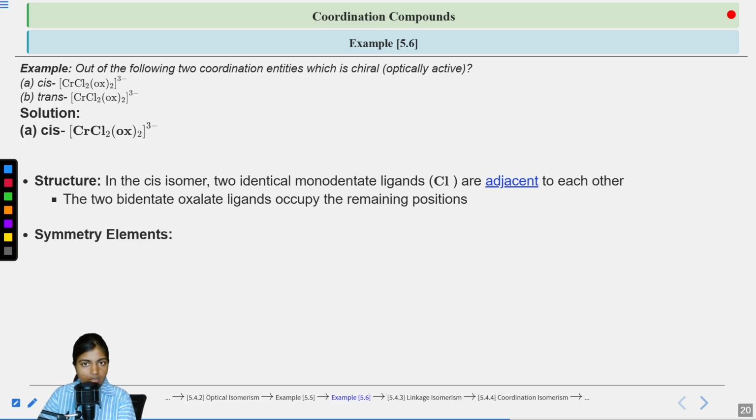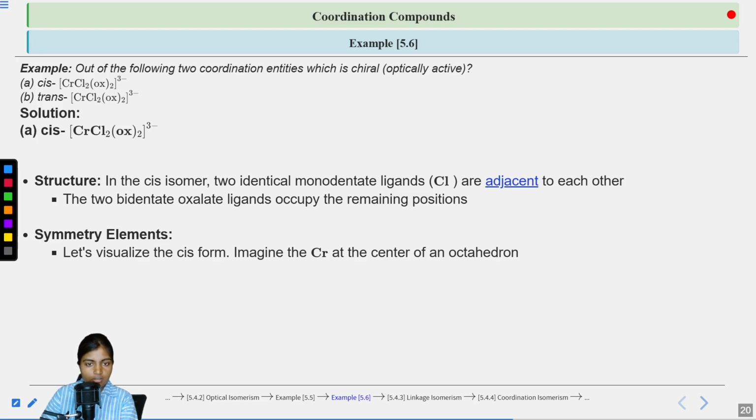Symmetry elements. So let's visualize the cis form because we are considering the cis form. Imagine that the chromium is at the center of the octahedron, because this is an octahedral complex where two ligands are unidentate and the two ligands are bidentate.